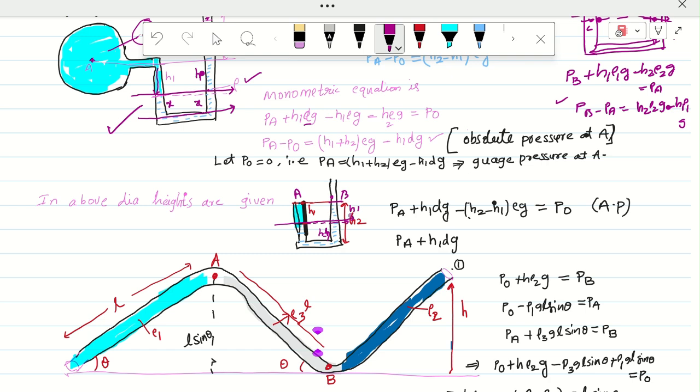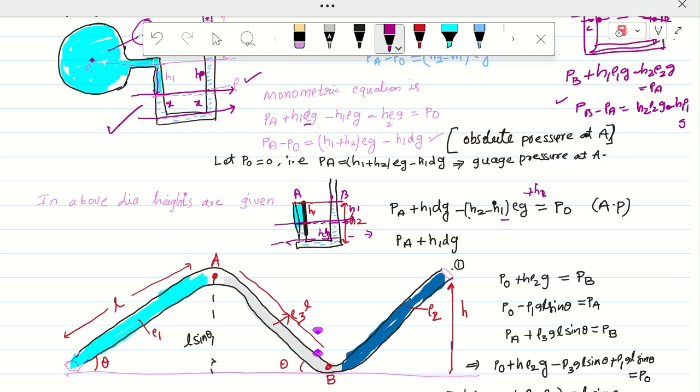So now from PA going down H1 dg, and now going up, that equals H2 minus H1 into rho g. Total is (H2 minus H1) rho g is equal to P naught. Getting down and going up. So simple, this is H2 into rho g I can write. If you take the equipressure line here, so this is (H2 minus H1) plus H2 into rho g.